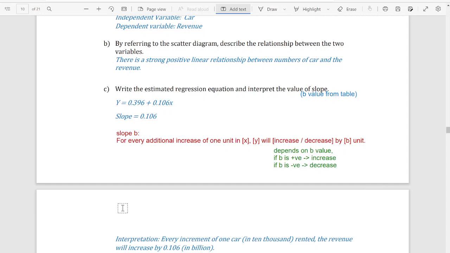Macam mana pula kalau kita nak explain untuk constant? How do you explain the constant? So the interpretation for the constant.